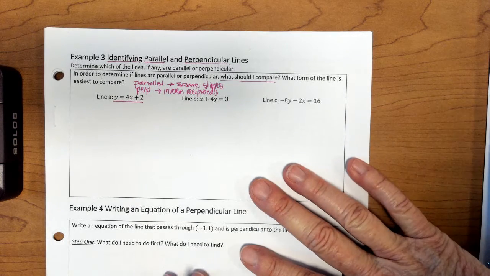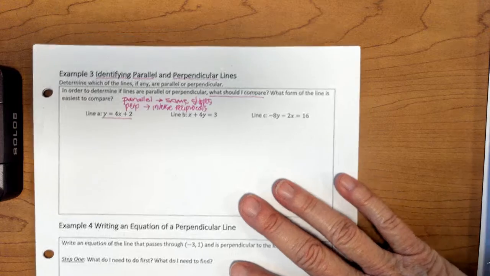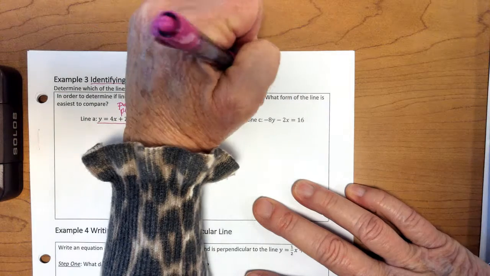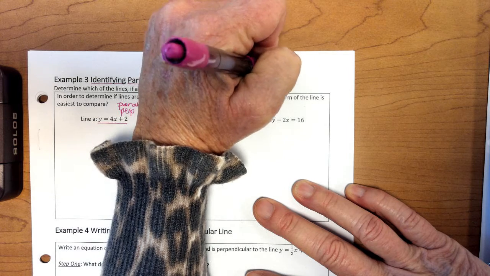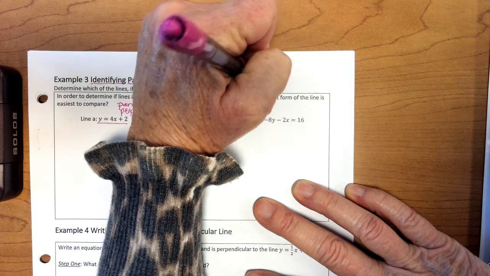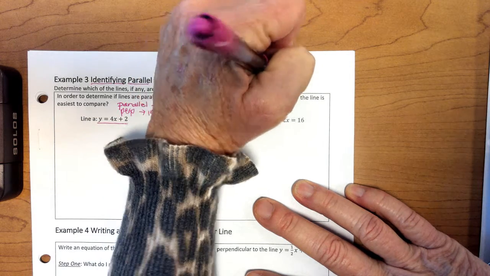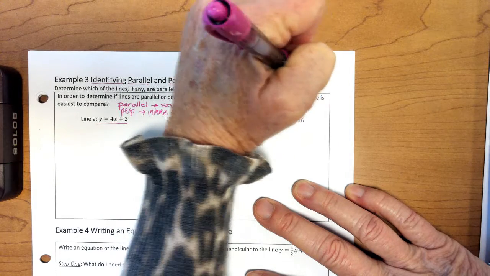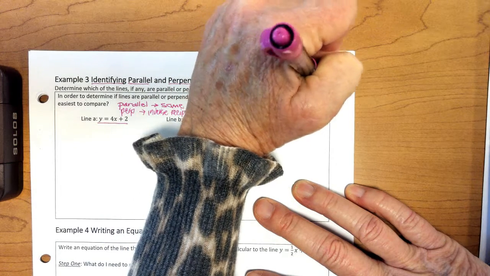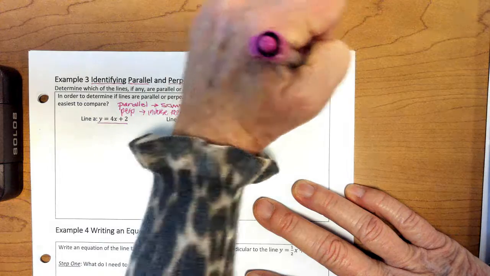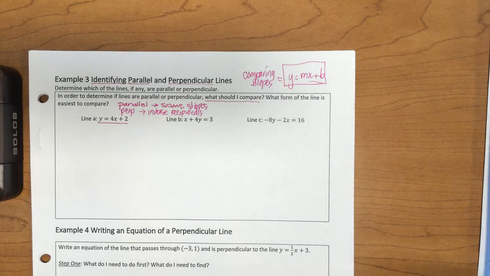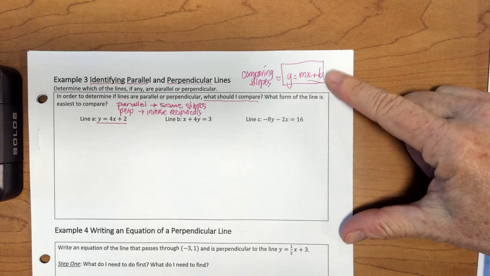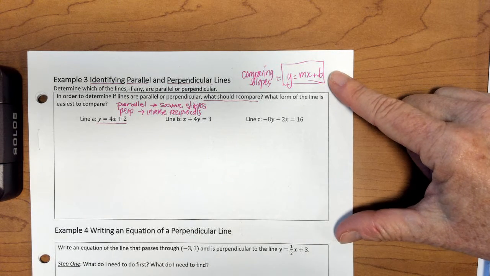Whenever I'm comparing slopes, I want to make sure that it is in the format of y is equal to mx plus b. That's the best form that I can compare slopes in. I can put most equations in that form.